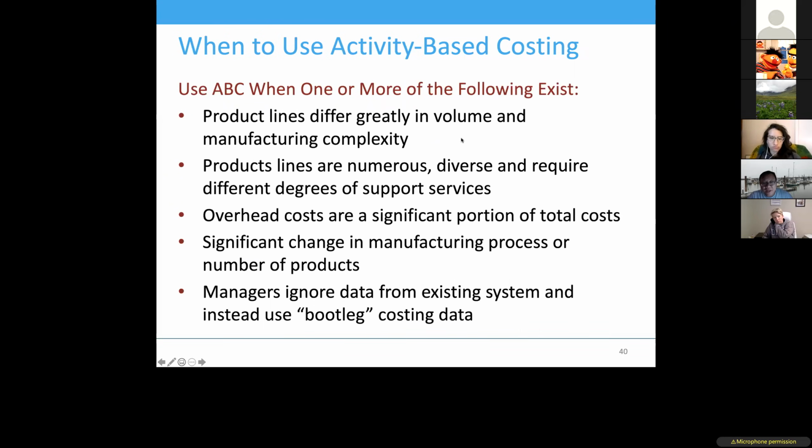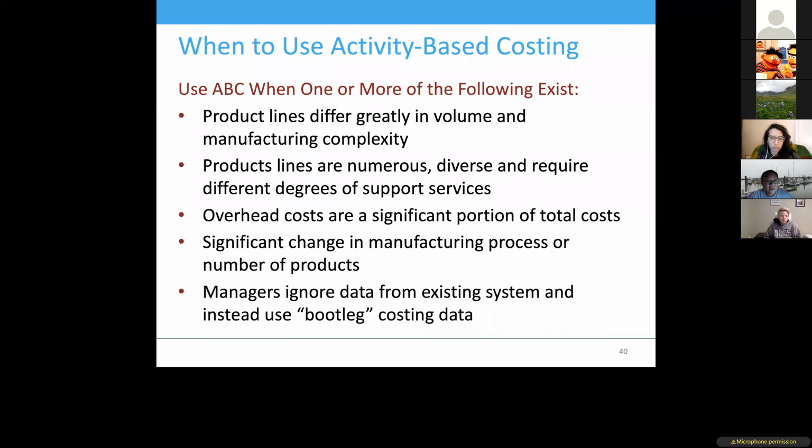So what would be the conditions that you can use ABC, activity-based costing? Here are five situations. First, product lines differ greatly in volume and manufacturing complexity. Maybe one product needs 2 machine hours and the other needs 6 machine hours.